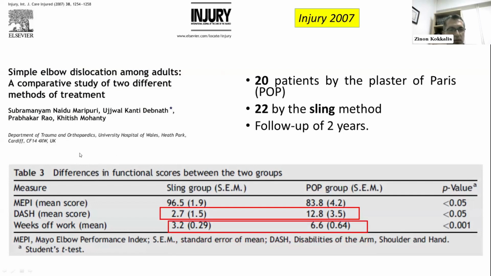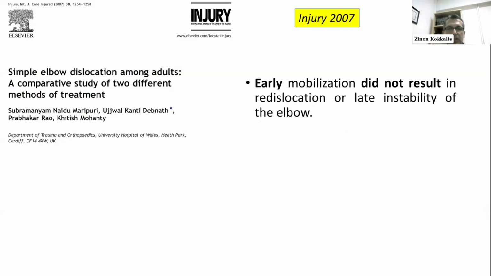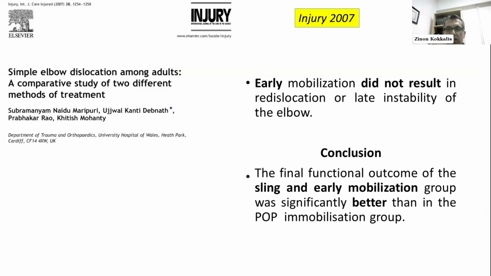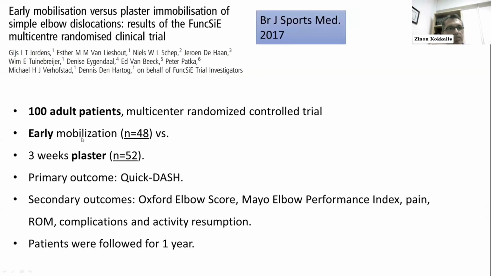Also, the sling group returned to work after 3.2 weeks, as compared to 6.6 weeks for the plaster of Paris group. In this series, early mobilization did not result in redislocation or late instability of the elbow, and they concluded that the final outcome of the sling and early mobilization group was much better than the plaster immobilization group.